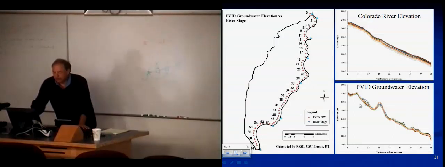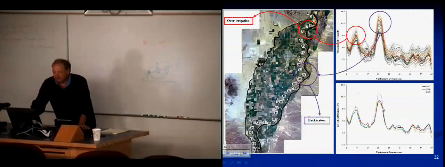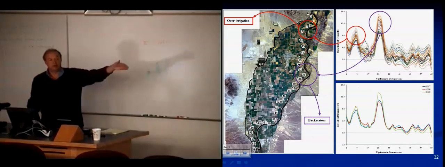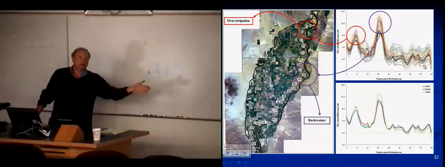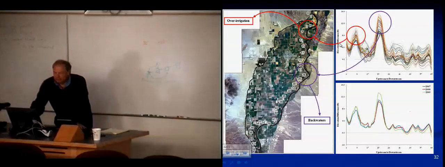So what's happening is the water is not being used on the field, it's percolating into the groundwater. Some of it's being transpired and evaporated by the crops. A lot of it's going to the groundwater. The drains are draining that water back into the river system.